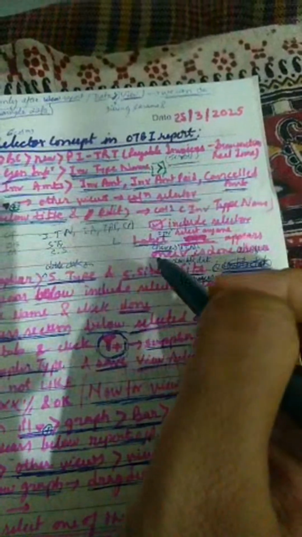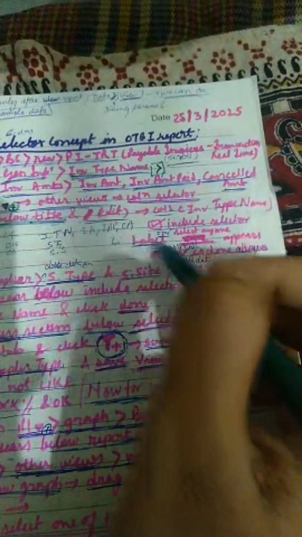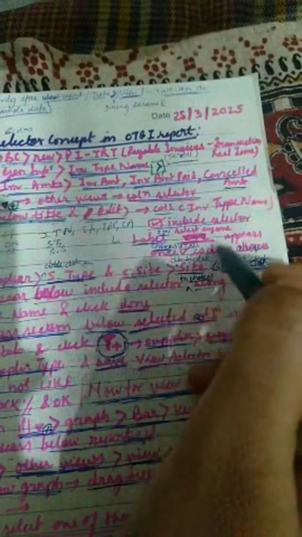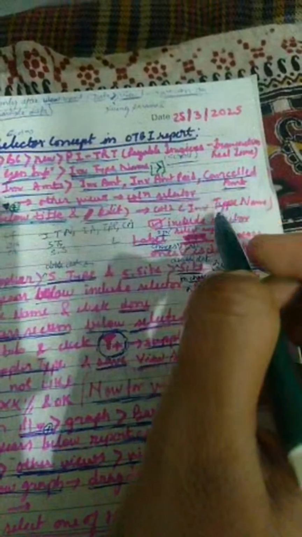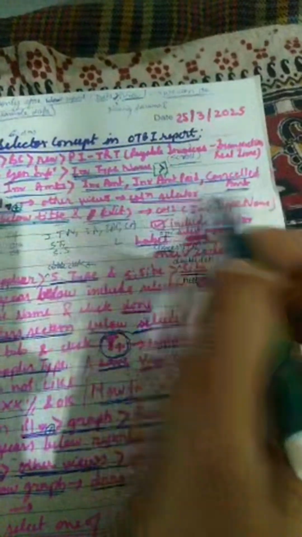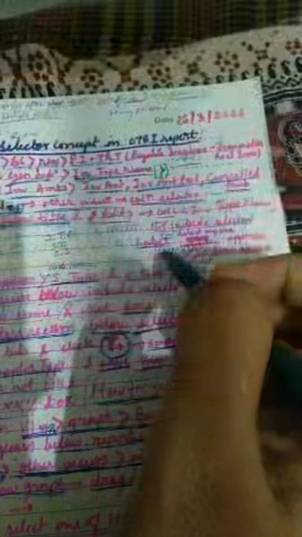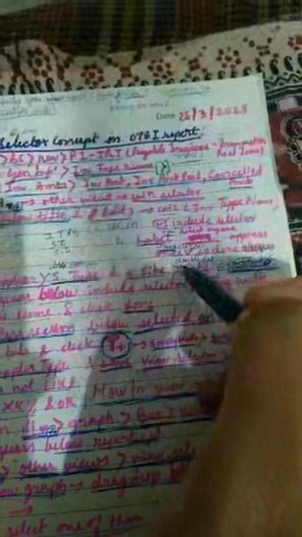Okay, and in the choices, just below label, what you have is the list of all the columns selected to be included in the column selector. Okay, that list comes in the choices. Now once the ticking part is done, this is how it looks.